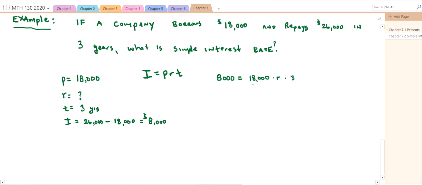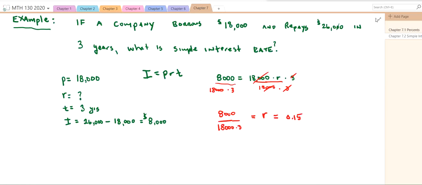So we divide both sides by 18,000 times 3. So we didn't change the equation. This cancels, this cancels, this cancels. So we're left with R equals 8,000 over 18,000 times 3. And that's 0.15, or an interest rate of 15%. Pretty high.